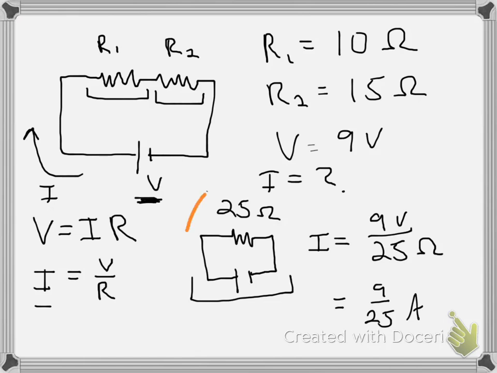If you're the battery, this is really what you see. You don't really care that there are two resistors, R1 and R2. You feel that there's 25 ohms of resistance against you. In the actual circuit, you might find two resistors that make up that, but if you're the battery, all you feel is 25 ohms of resistance.